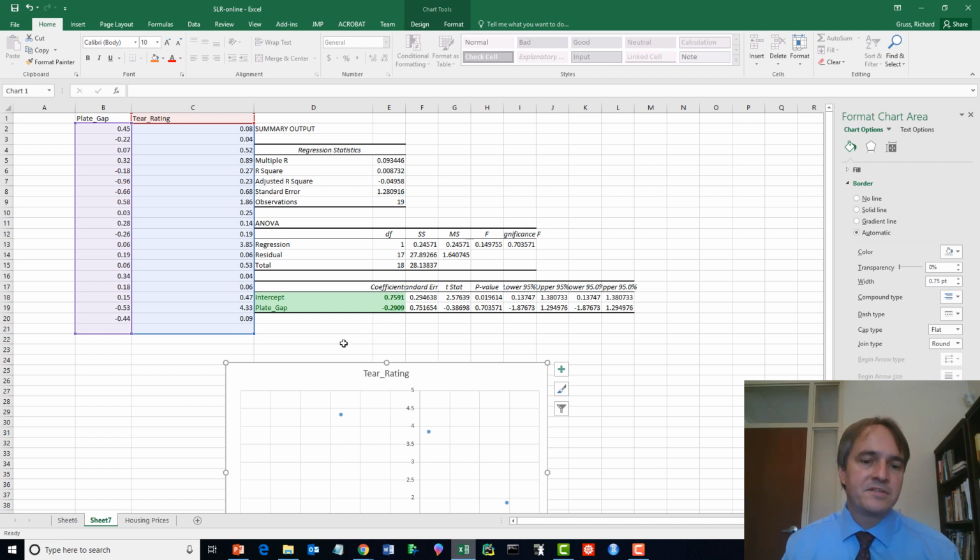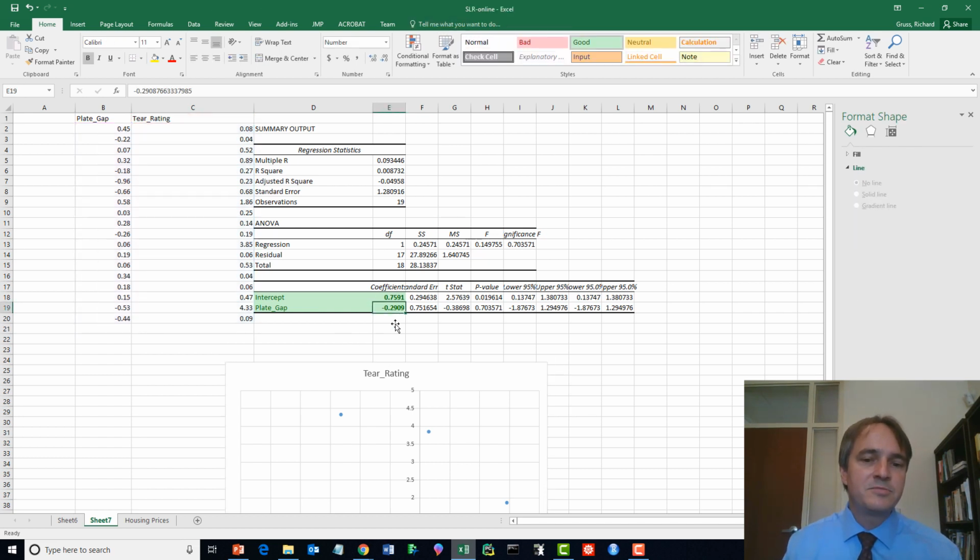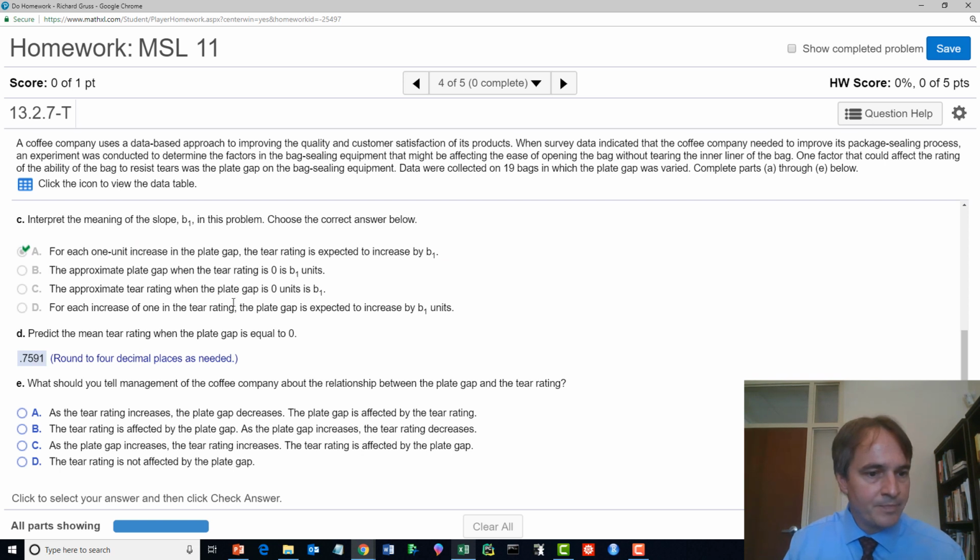But for the purposes of this assignment, let's just pretend that the model is fine and that there's this relationship and that these estimates describe that relationship. So what should you tell management?